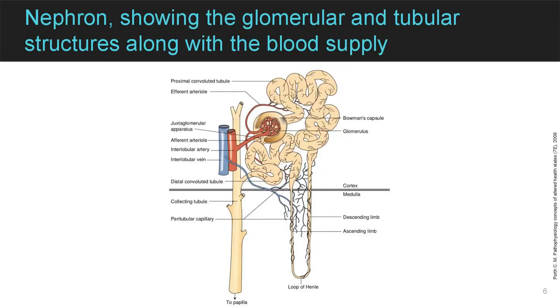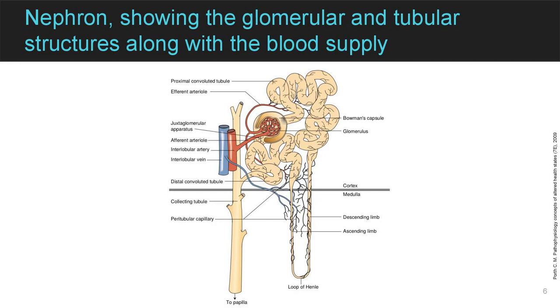Here you can see the structure of nephron. It contains several key parts. The first part of nephron is glomerulus here. And after the glomerulus, you can see proximal convoluted tubule here, loop of Henle here, and here distal convoluted tubule.